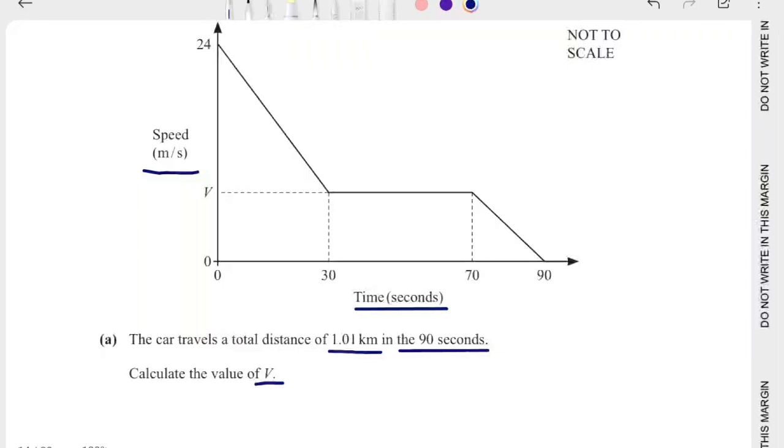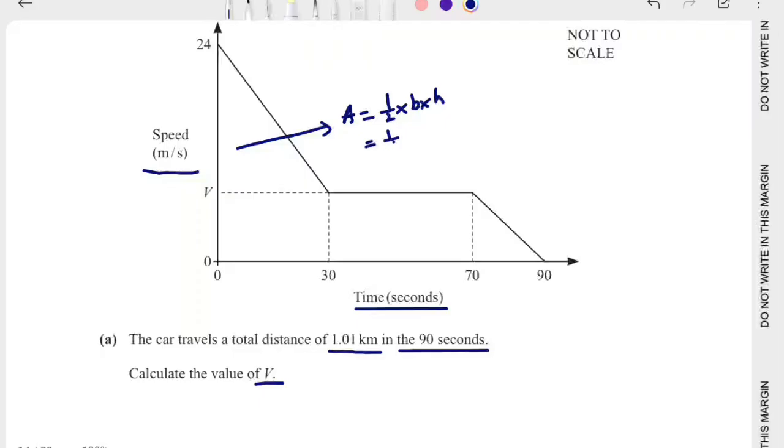So we have to see that this shape is divided into different parts. First of all, look at this upper one. This is a triangle, and the area of a triangle is equal to 1 over 2 into base into height.